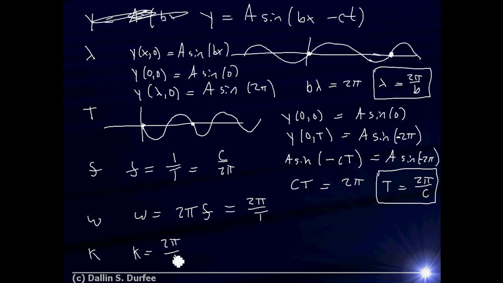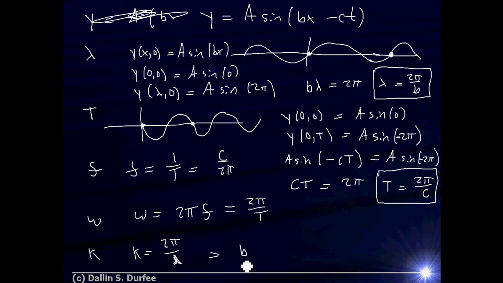Lambda is kind of like the period in space, right? Instead of freezing my position and watching how long it takes to repeat, I freeze my time and I walk in space and see how far I have to go for it to repeat. So lambda is like a spatial period in a sense, and so my wave number is just 2 pi over lambda, and I've already found lambda, so k is just going to be b. All right, b is just my wave number.